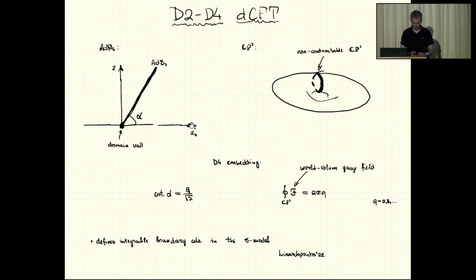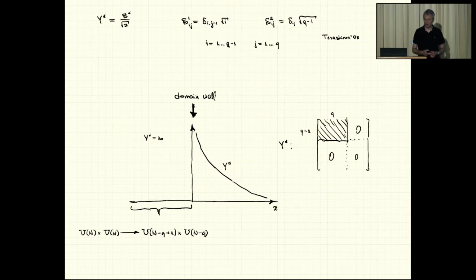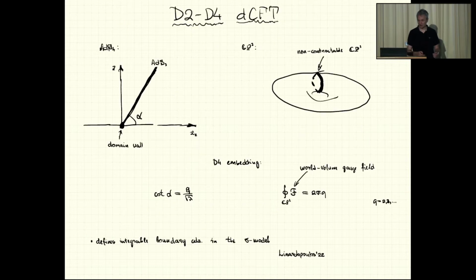So this is a domain wall that breaks the original symmetry by Q and Q minus 1 units. So the classical fields have this block shape of the size Q minus 1 times Q. Well, this is the starting point of describing this domain wall. So at leading order in perturbation theory, this is just the classical solution.